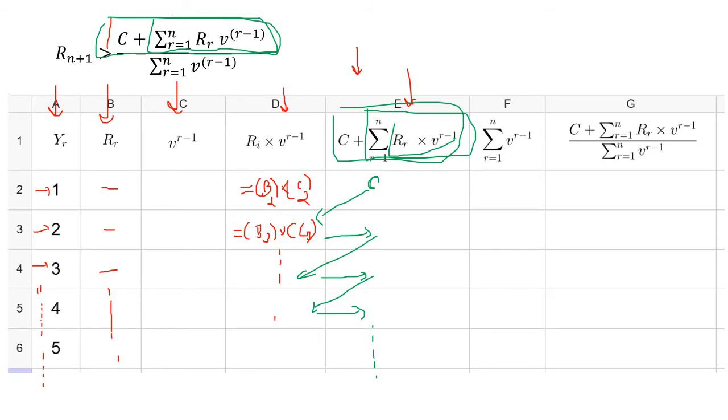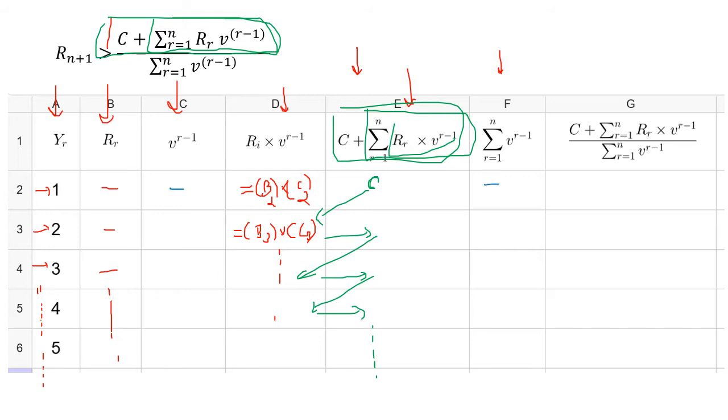Then in column F, we are going to calculate the cumulative discount factor. So column F can be directly calculated from column C. The first term will be the same here.